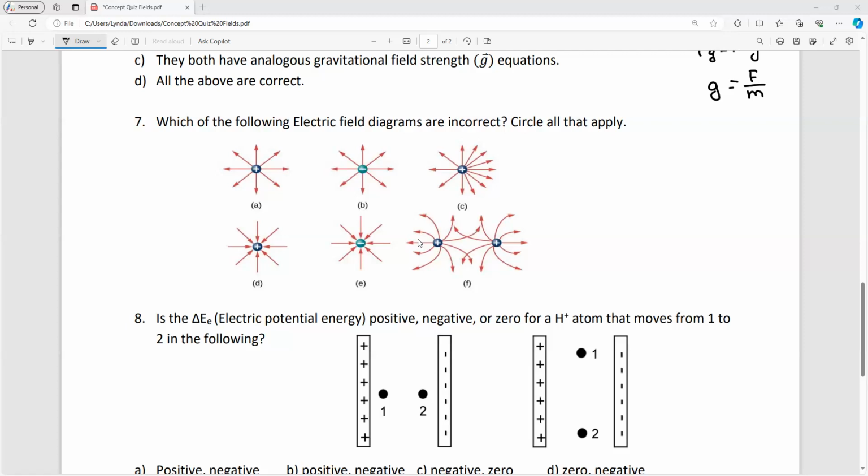So out of positive towards negative, which one is incorrect? Circle all that apply. So everything could be, or maybe only one. So you see, all that apply. So we have to cancel out A. Why? Because it doesn't fit the need. It's not correct.